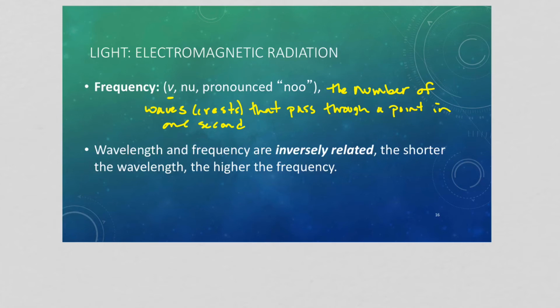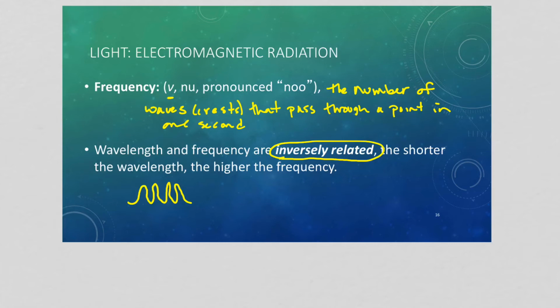Now, the connection between wavelength and frequency is that they are inversely related to one another. So what that means is one goes up, the other one goes down. For example, the shorter the wavelength, so if I have a wave that looks like this, where the spacing of the waves is very close, we're going to see more waves per second.